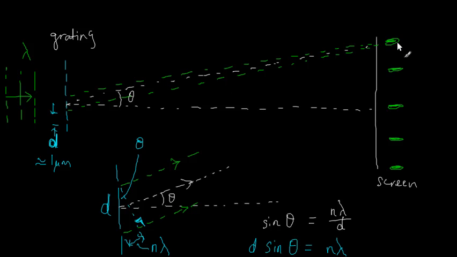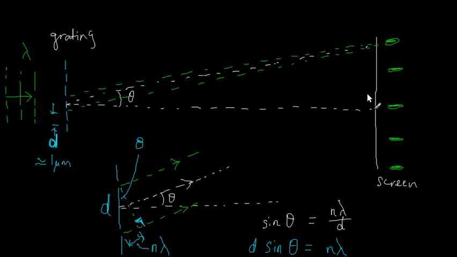By measuring the distance between the center fringe and that fringe, and then the distance between screen and grating, for example, or just setting up an instrument to measure the angle directly. So we can measure theta, and from this we can calculate lambda.